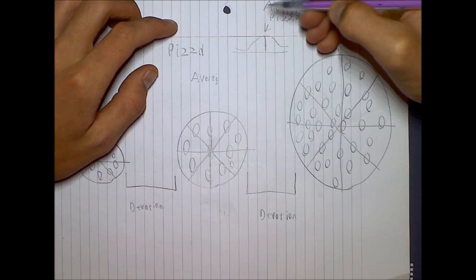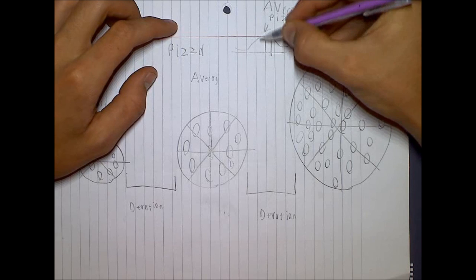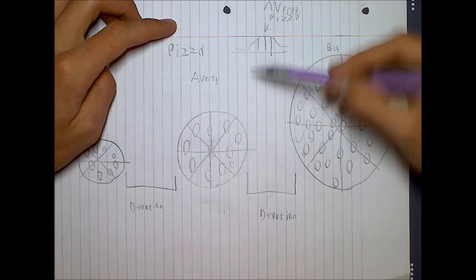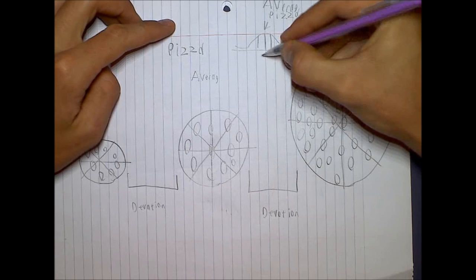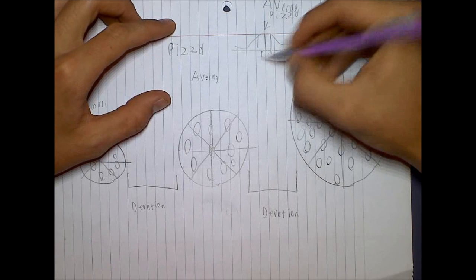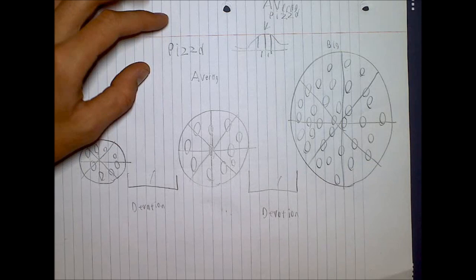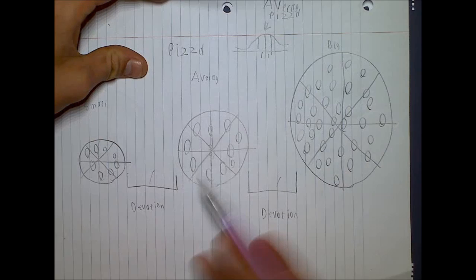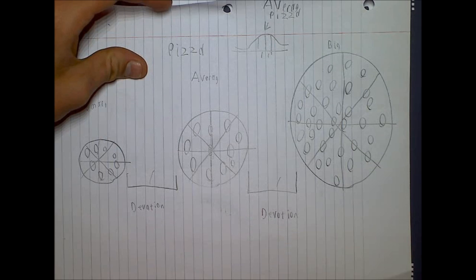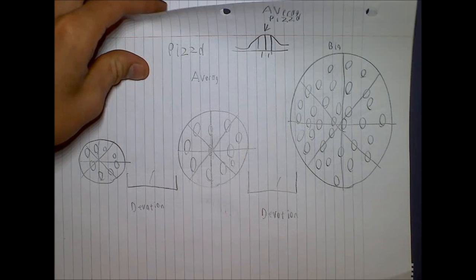The big pizza would be here, and the small pizza would be there, and these are just one standard deviation away from the average pizza, as you can see there. So that would be a real world situation we could use it in.